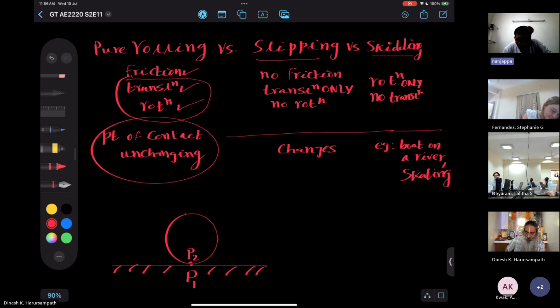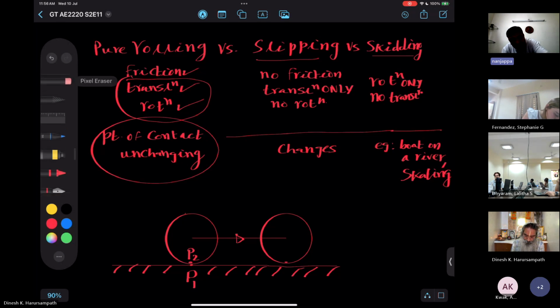Let us say there is another point P2 on the right side. When it rolls, it takes another point. This P2 and this P1 cannot translate in between.